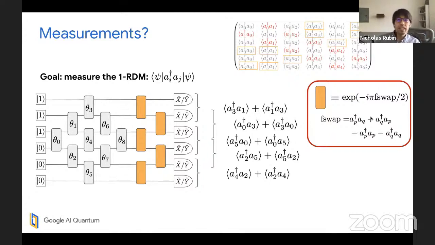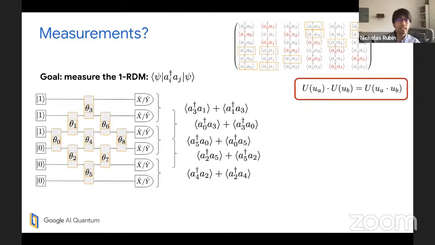And you can see right away that if I keep doing these swaps, I can eventually cover the entire 1 RDM. Now, of course, I've added swaps at the end, and so I'm making my circuit longer. But what we can do is roll these swaps back into the structure of the given rotation network.